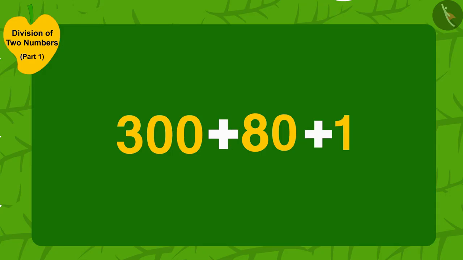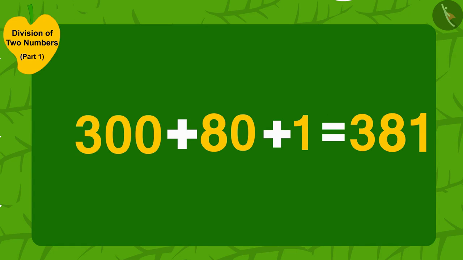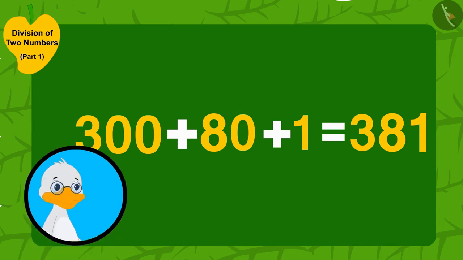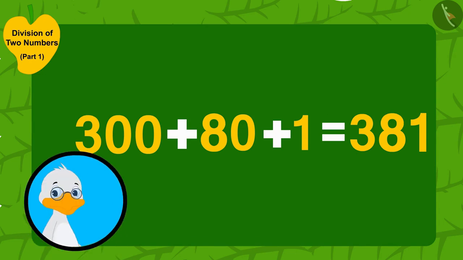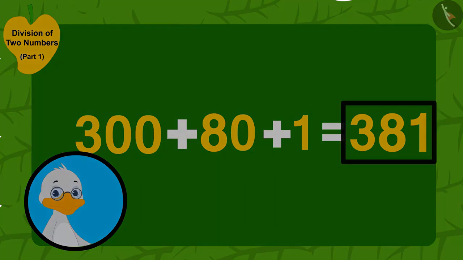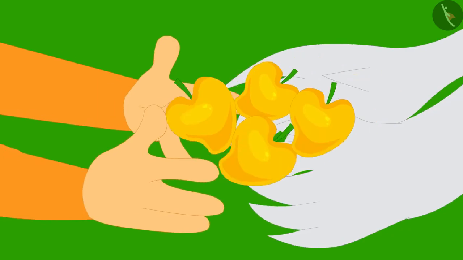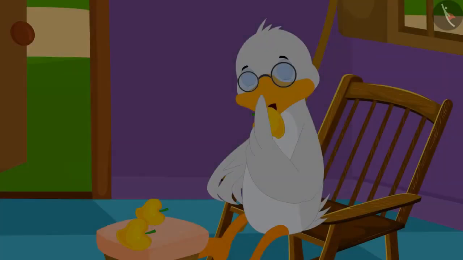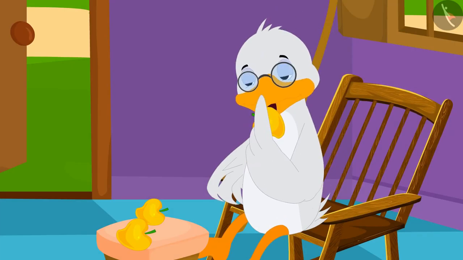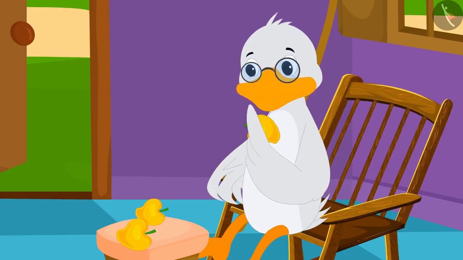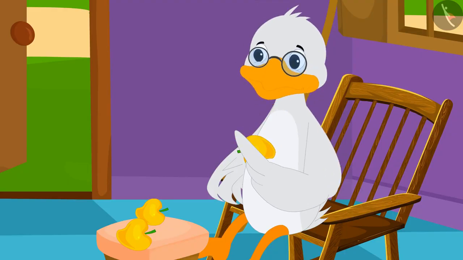So we get 381. Barbole uncle distributed 4 mangoes each to a total of 381 villagers. Uncle distributed the mangoes to the villagers and has now happily returned home and is eating the 3 mangoes that were left for him.